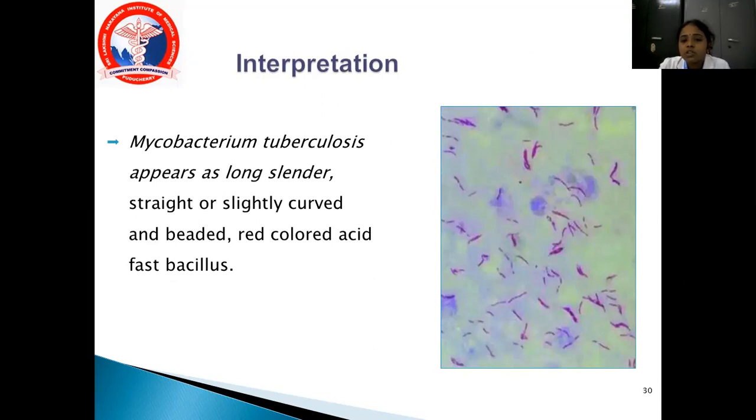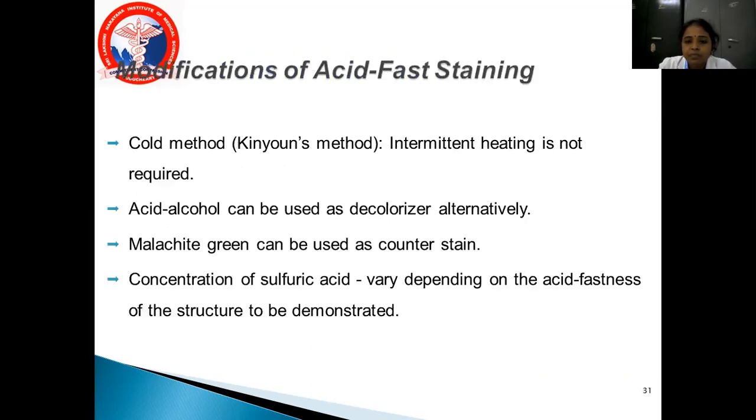The Mycobacterium tuberculosis appear pink, and the non-acid-fast cells take up the blue color. Pus cells and epithelial cells appear blue, and acid-fast bacilli appear pink. So the bacilli look long, slender, straight or slightly curved, and beaded red acid-fast bacilli.